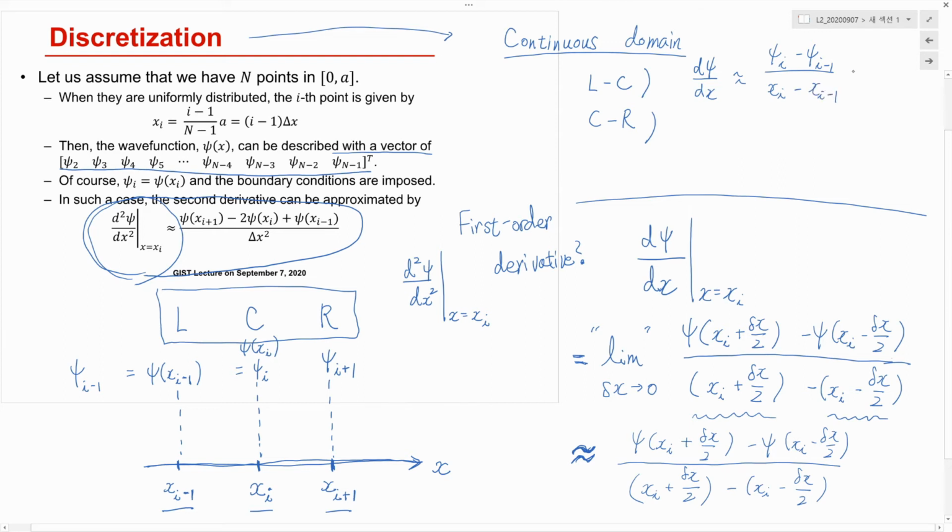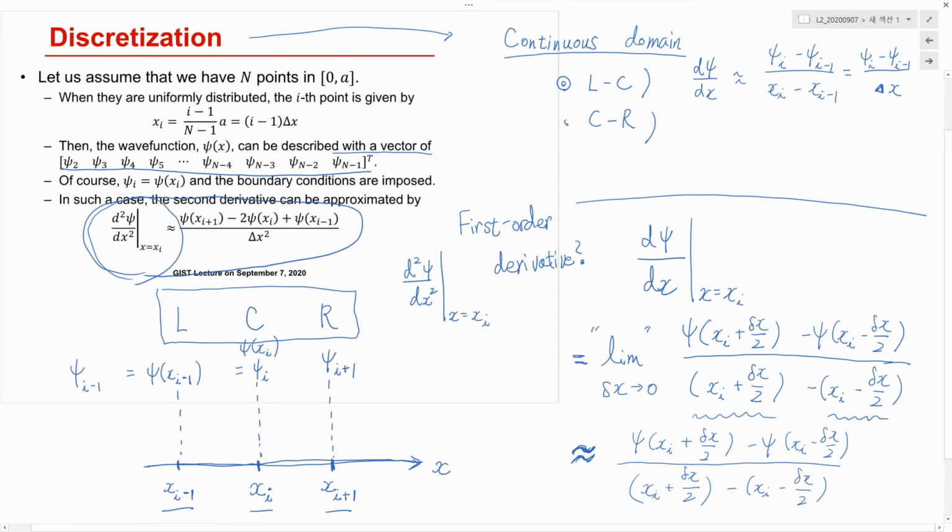Since we have introduced a uniform grid in this course, we can say psi I minus psi I minus 1 divided by the uniform spacing delta x. That would be a good approximation for the first order derivative defined between the L point and the C point.